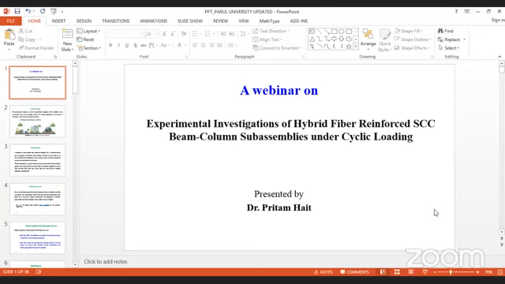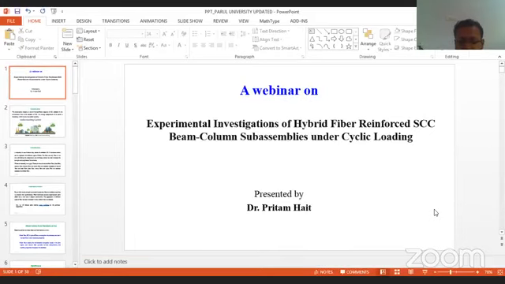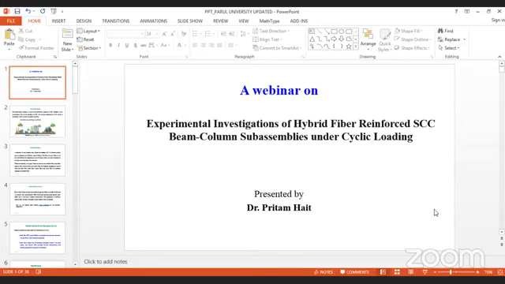The thing is that when you are going to start your research, I don't know whether you are pursuing MTech or PhD, experimental work is always great, and it will have more weightage. So always go for experimental work, and always try to go for green building, which is very much accepted by the government of India.